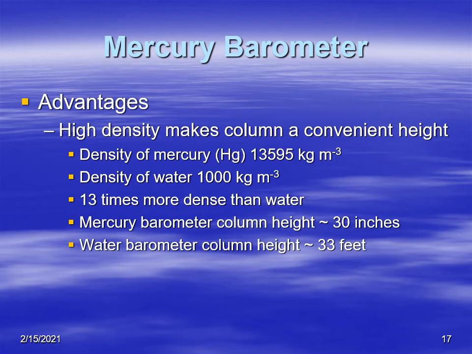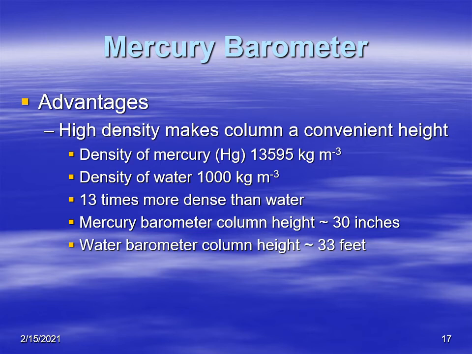Whereas the density of mercury is 13,595 kilograms per meter cubed, or about 27,000 pounds per meter cubed. That's a lot more mass. So it's much more dense. It's 13 times more dense than water.